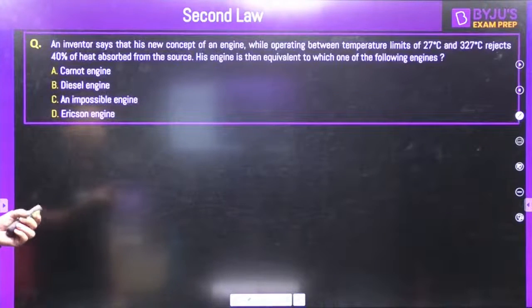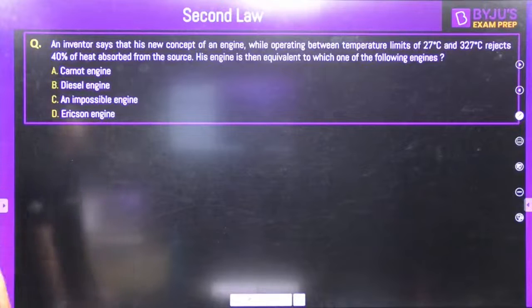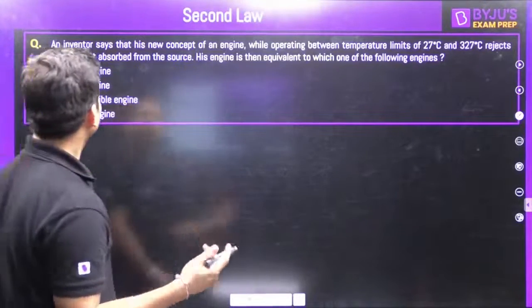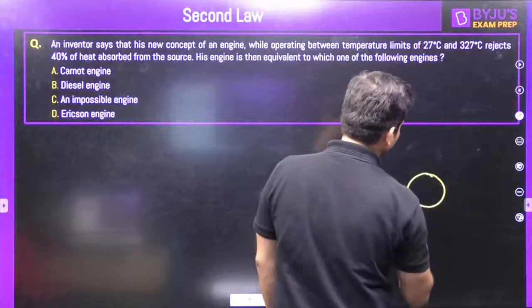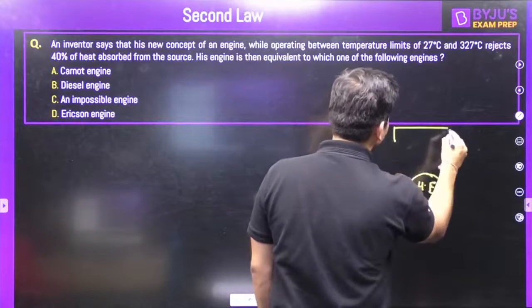Let's move ahead. Okay, solve this question very quickly. An inventor says that his new concept of an engine, while operating between temperature limits of 27 and 327 degrees Celsius, rejects 40% of the heat absorbed from the source.